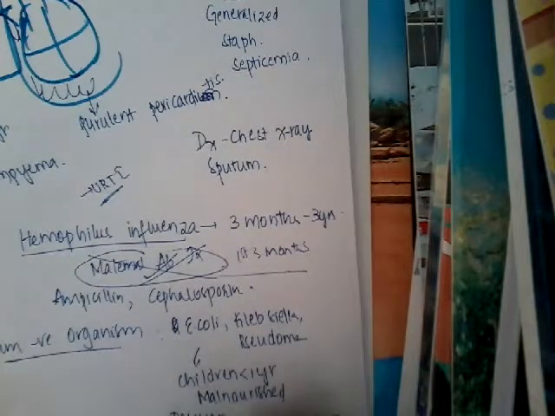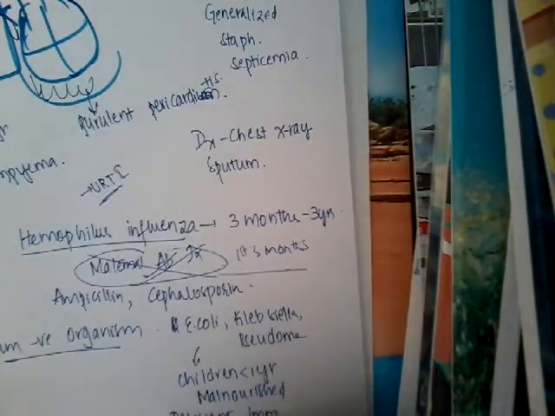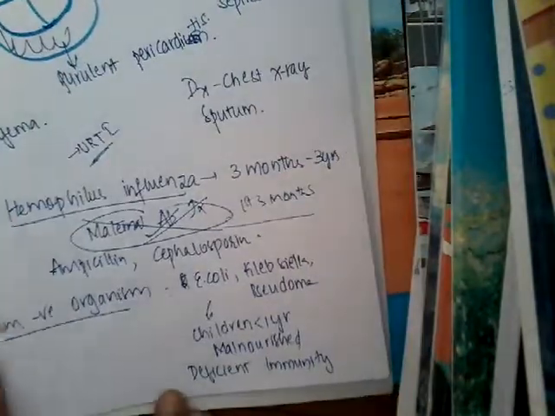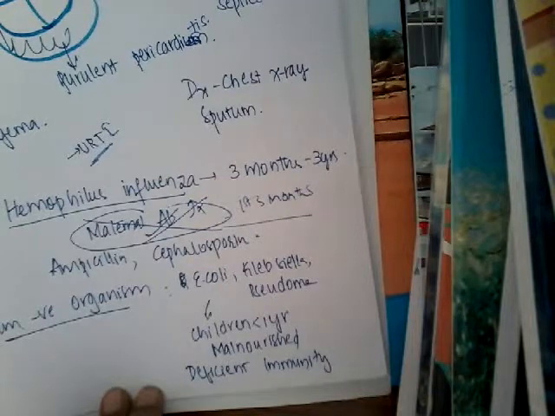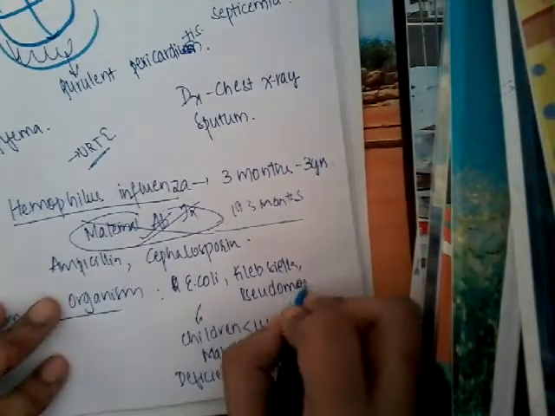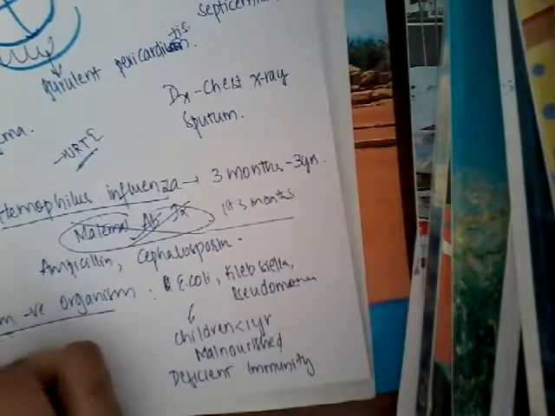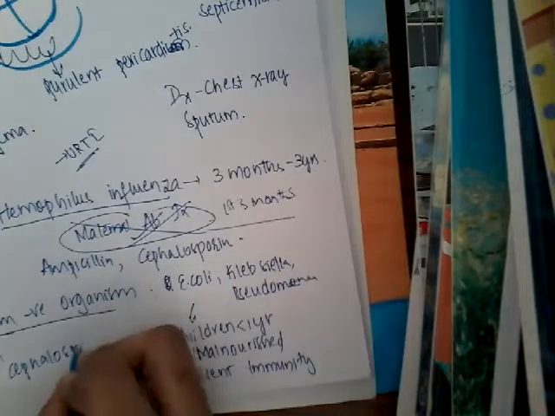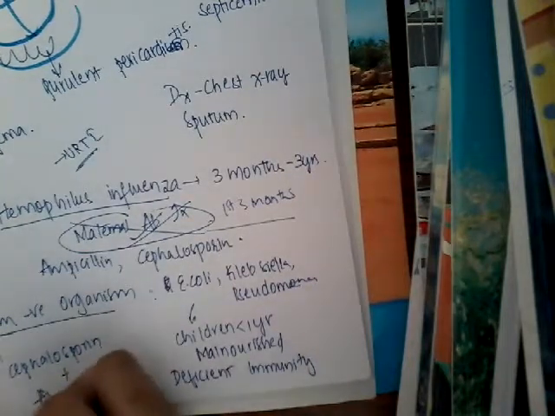In these situations, it might cause gram-negative infections by E. coli, Klebsiella or Pseudomonas. So how are you going to treat it? Treatment is by cephalosporins, or sometimes you can even add an aminoglycoside to it.